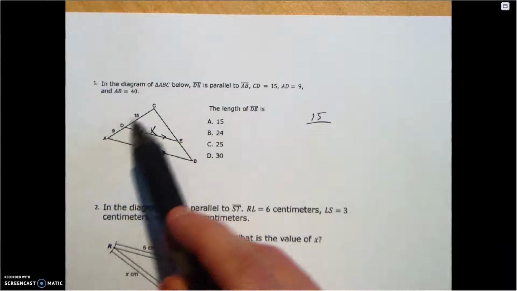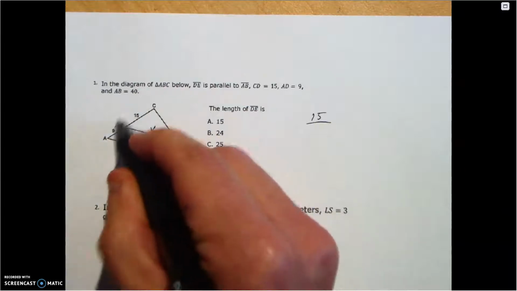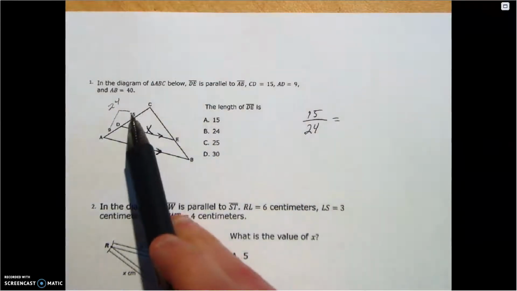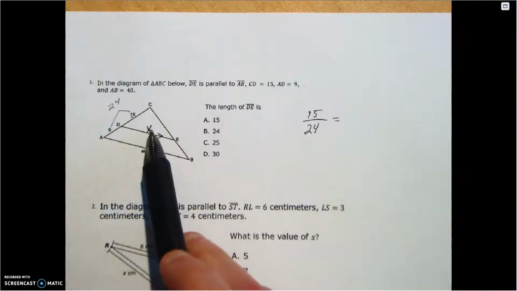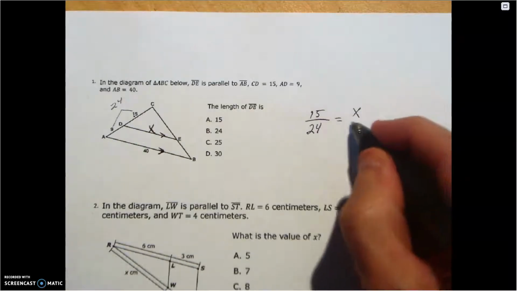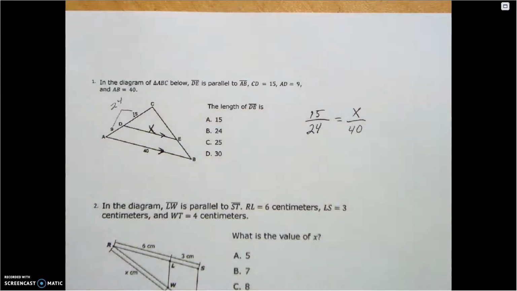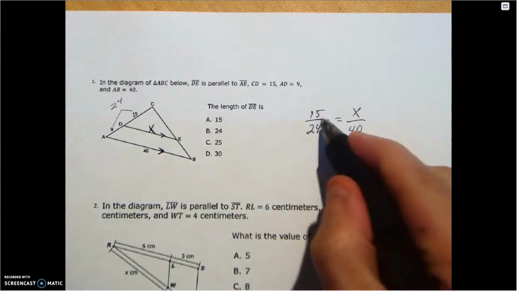My big triangle, if I have 9 and 15, would make 24, so 15 over 24. And since 15 is on the smaller triangle and X is also on the smaller triangle, I am going to get X over 40. And then once we get there, we can do our cross multiplication.